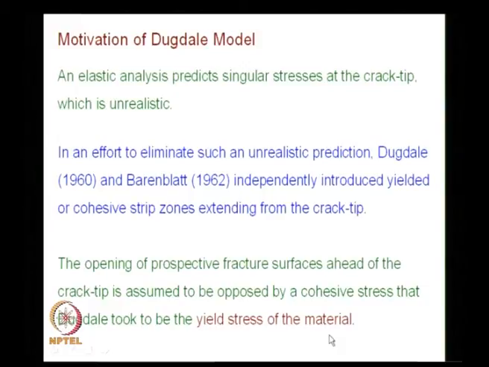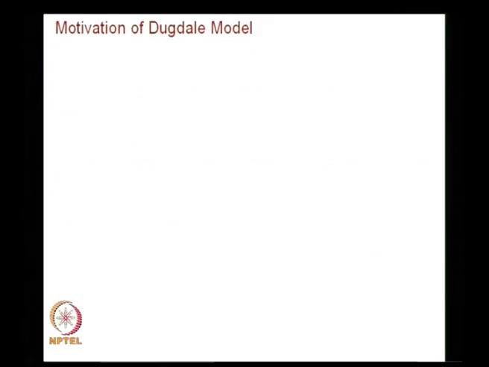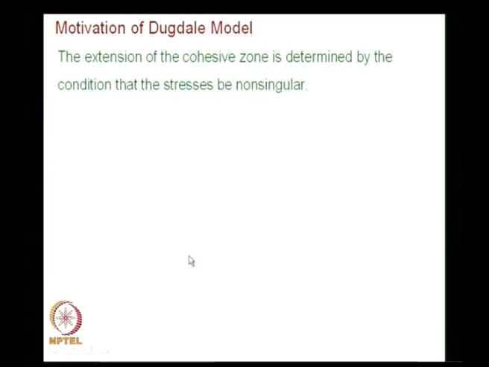When we develop the Dugdale model, we will also see he would make several assumptions. It is applicable for plane stress, and the material obeys elastic, perfectly plastic behavior. When all these conditions are satisfied, his model reasonably predicts what happens at the crack tip. The extension of the cohesive zone is determined by the condition that the stresses be non-singular.